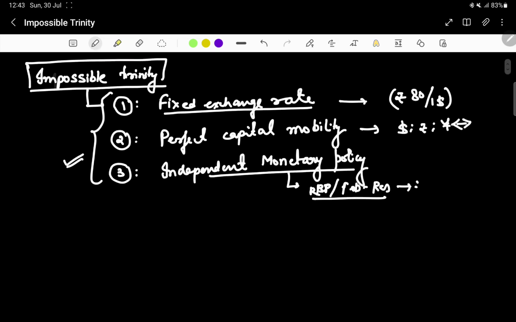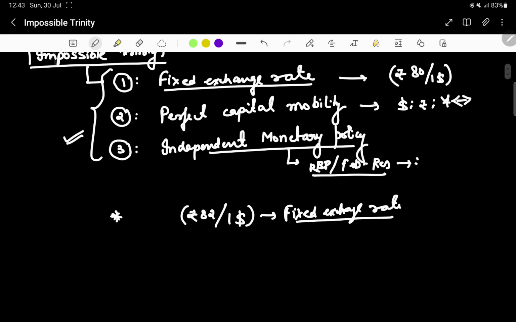We can think of this from an example perspective. Let us assume we have a fixed exchange rate. Right now in India we have about 82 rupees a dollar. This is our fixed exchange rate.